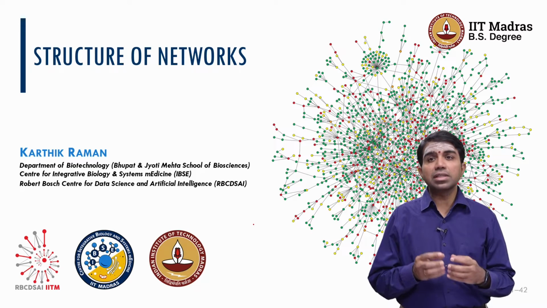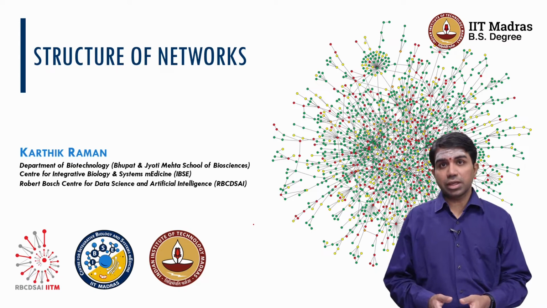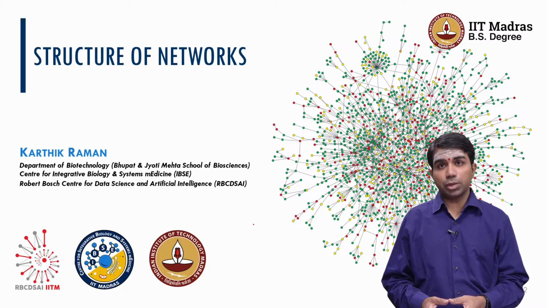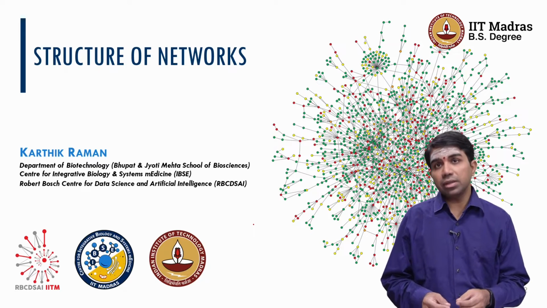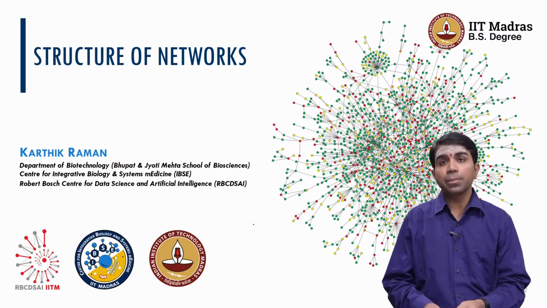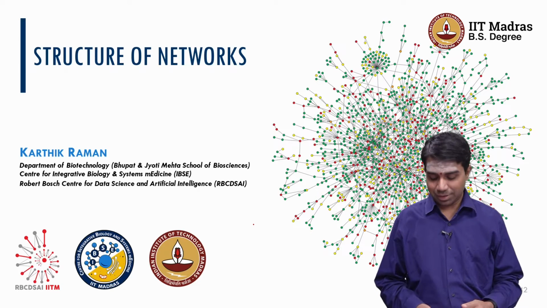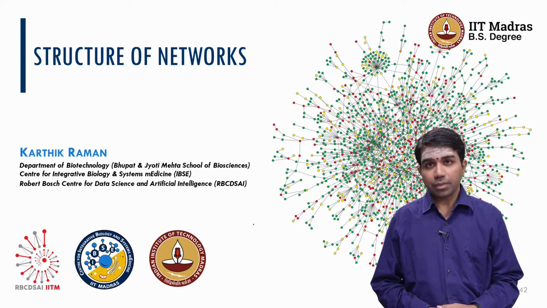How do you deem that certain nodes are important? The picture that you see on your screen is a yeast protein interaction network, and the nodes are colored based on what happens to yeast when the protein corresponding to that node is deleted from yeast. This was done experimentally, a fantastic experiment more than 20 years ago.